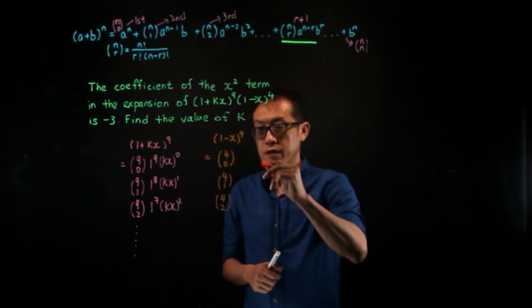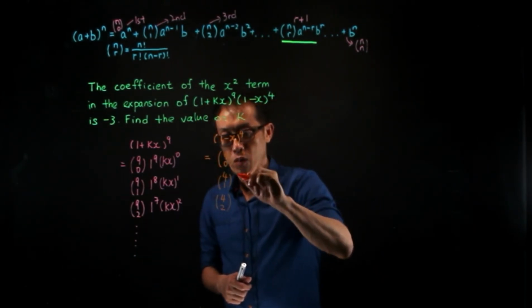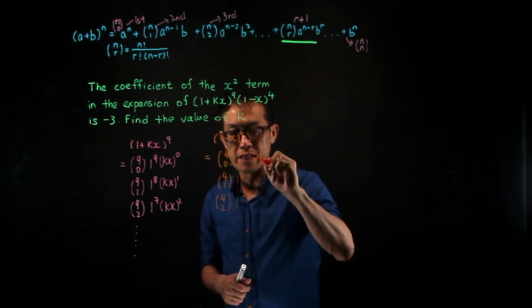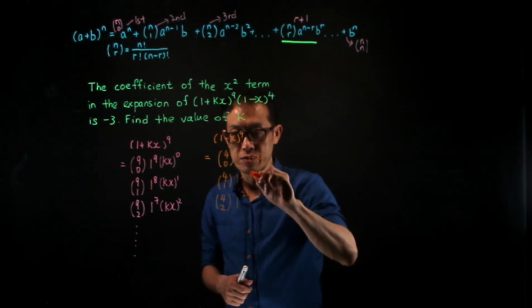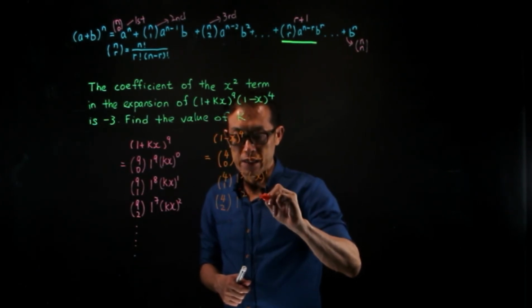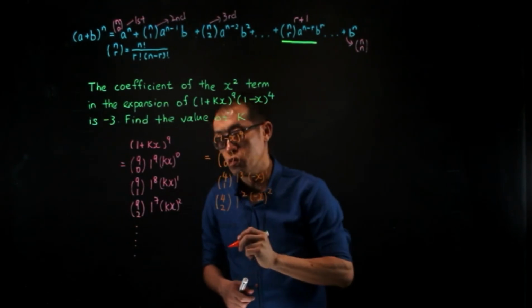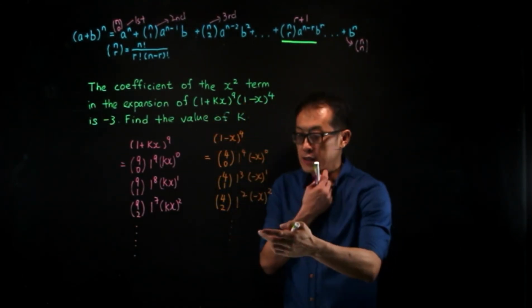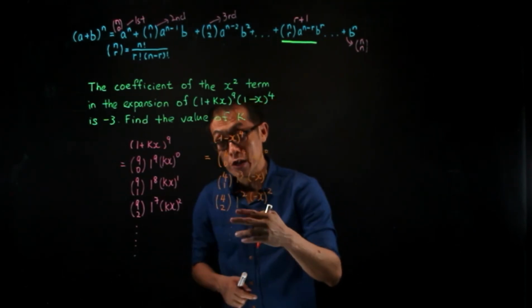You have 1 to the power of 4, 1 to the power of 3, 1 to the power of 2. Then you have minus x to the power of 0, minus x to the power of 1, and minus x to the power of 2. So on and so forth. Now the next two terms will be to the power of 3 and to the power of 4.